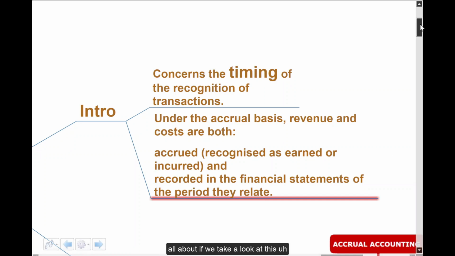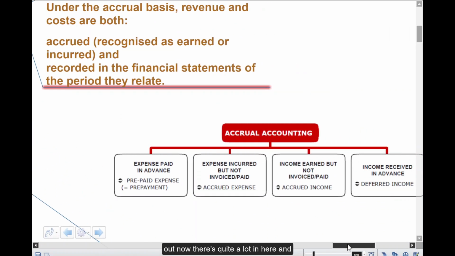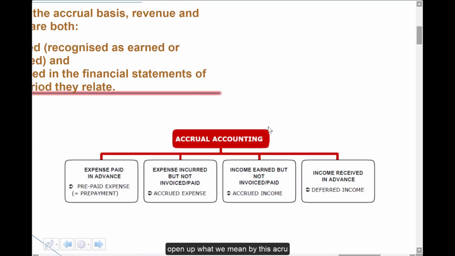If we take a look at this diagram that I've cut and pasted out, there's quite a lot in here and we'll be going through each of these areas in this video. If we open up what we mean by accrual accounting and how timing comes into play, let's talk firstly about an expense paid in advance. This is similar, but in one sense in reverse.